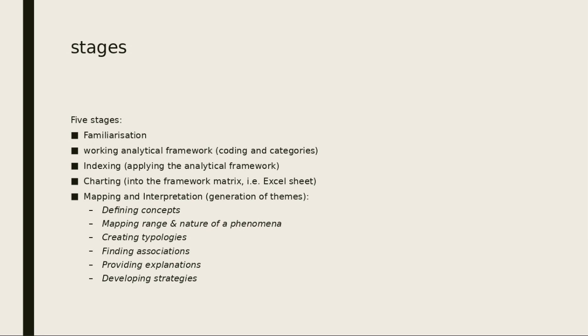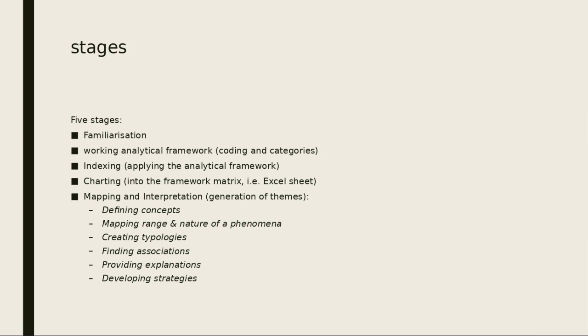And according to the authors Ritchie and Spencer, it allows you to do different things, like for example defining concepts through your interpretation, mapping a range of nature of phenomena, different behavior, for example, creating typologies within the phenomenon you are analyzing. I will give you an example next.